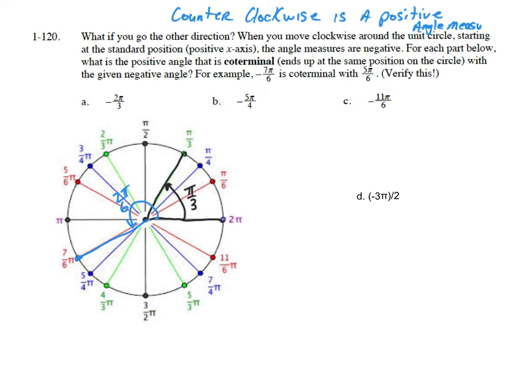Therefore, clockwise is a negative angle measure.